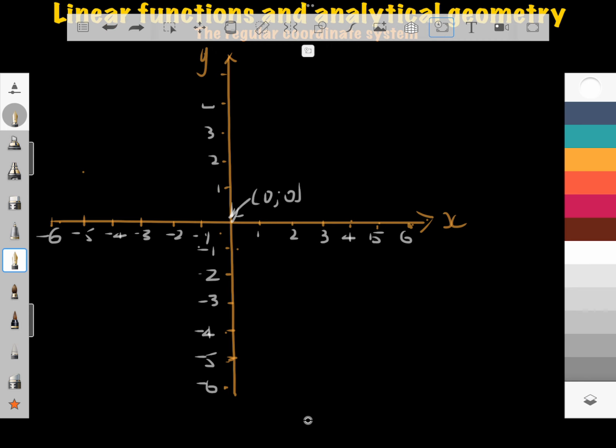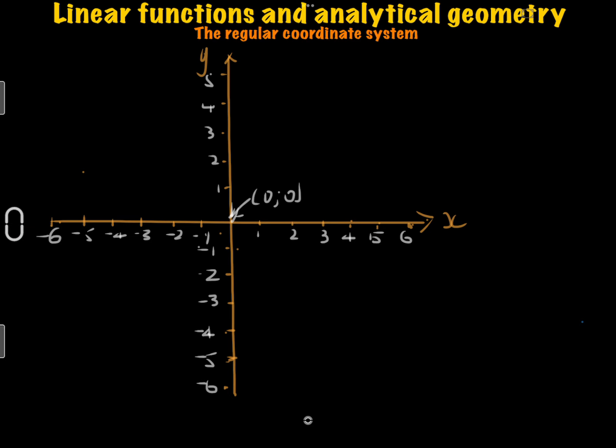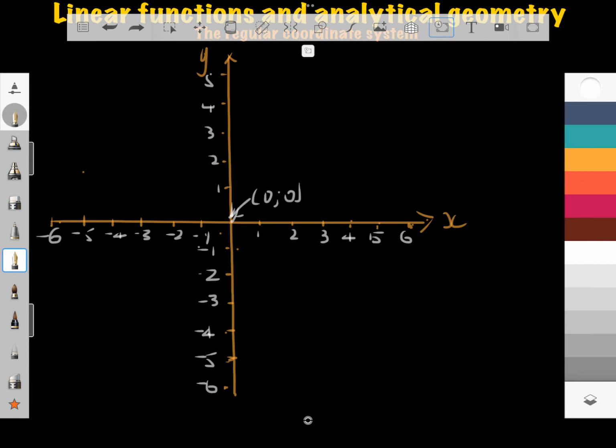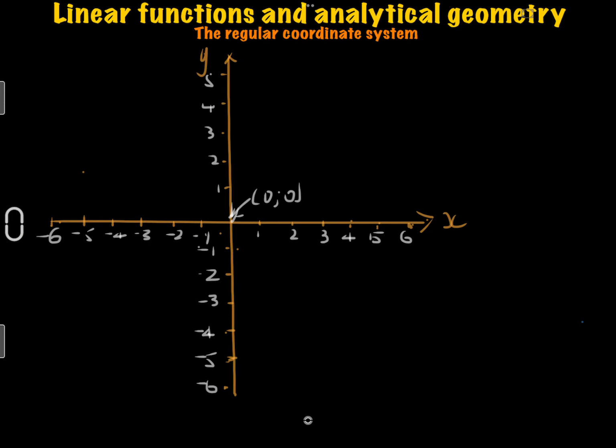I need those values. Now, to understand this application, we need to plot the points.